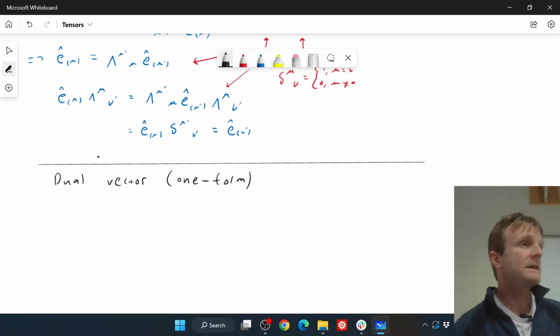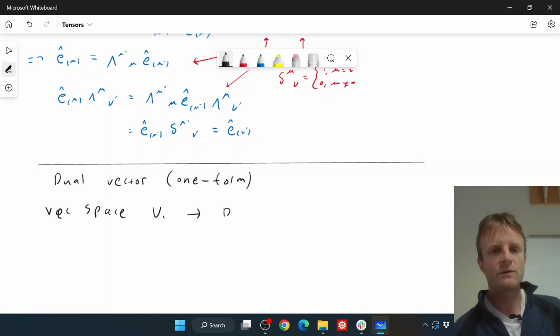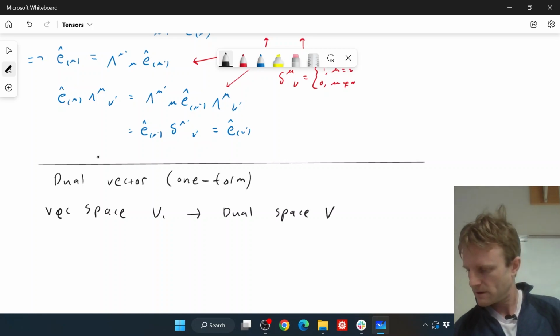So the dual vector is something you can do abstractly. If you have a vector space V, you can introduce the dual space. I think V star, Sean's notation.